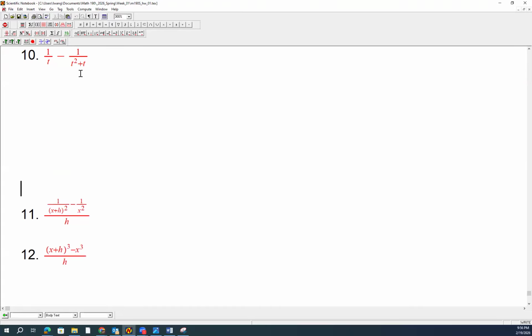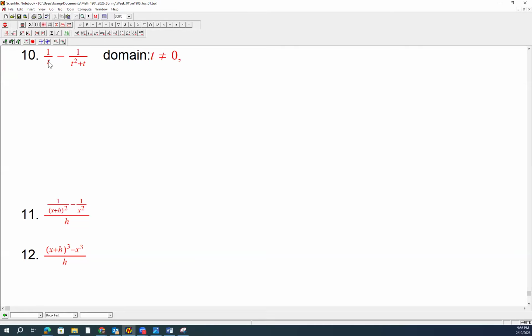Number 10, domain. For domain, we need to make sure, of course, t cannot be 0 for sure, right? T cannot be 0. And what else t cannot be?